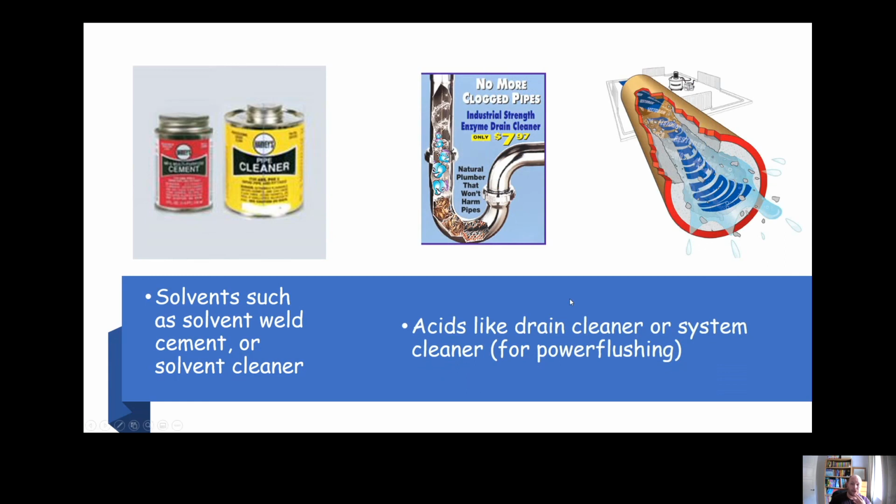Acids, things like drain cleaner, system cleaner, like we use for power flushing. You should make sure that you prevent these coming into contact with your body. They're corrosive. They will cause damage to your skin. So make sure that you use appropriate gloves if you do work with these, and try and prevent any chance of them coming into contact with your skin.